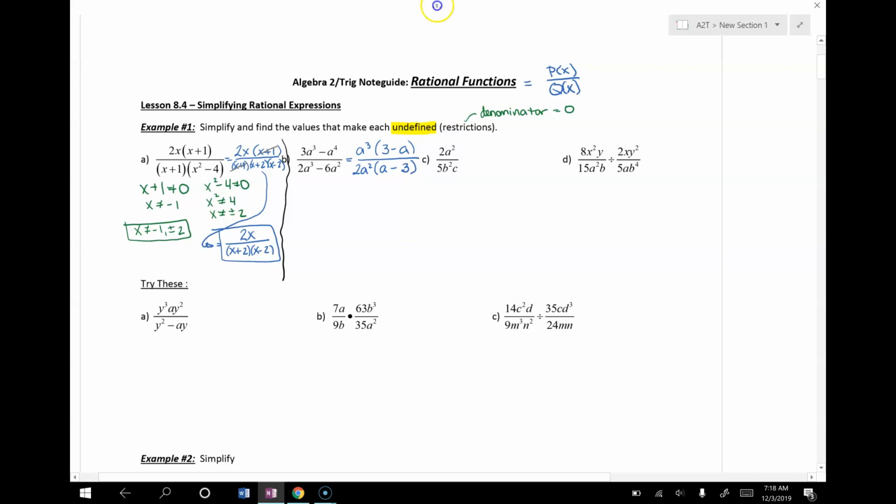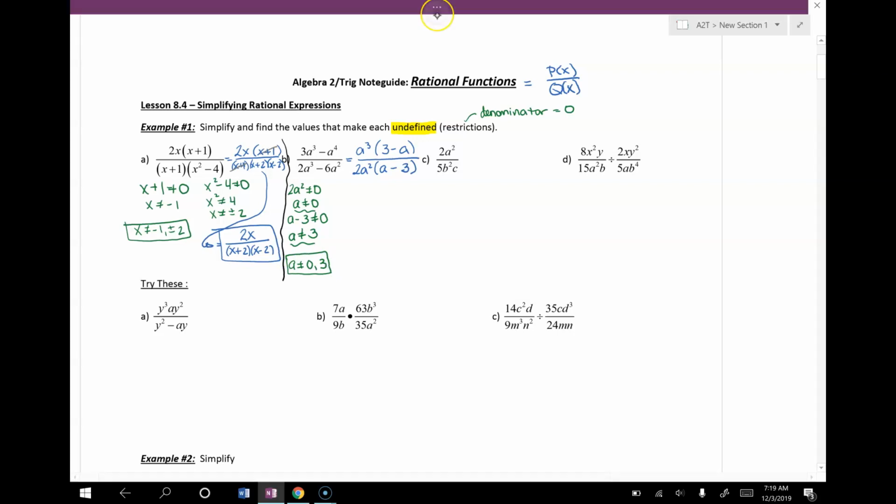From here we can go ahead and find those restrictions. So there's 2 pieces. I'm going to set my 2a squared not equal to 0, which means a can't be 0. And a minus 3 can't be 0, so a cannot be 3. Therefore, I'm going to write it together: a cannot be 0 or 3. Those are our restricted values.